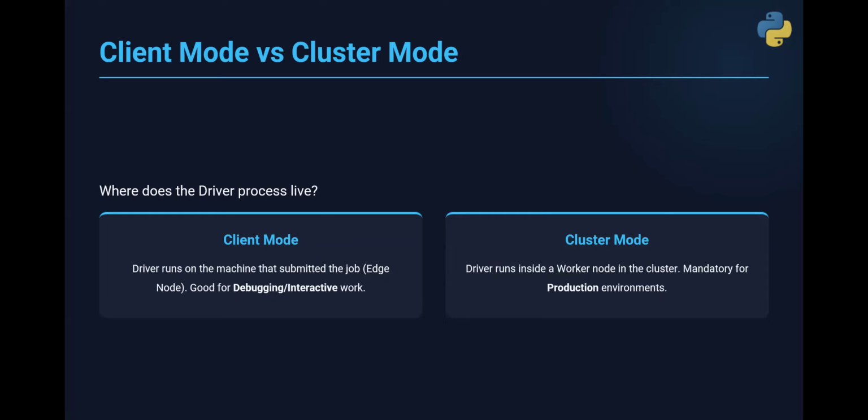The driver will use the client mode when a job is submitted, and this is basically suitable for debugging and interactive execution, whereas in production we generally go with cluster mode only, because normal development activities you can manage with the client mode. But if you go to production, the client mode is not going to help us.